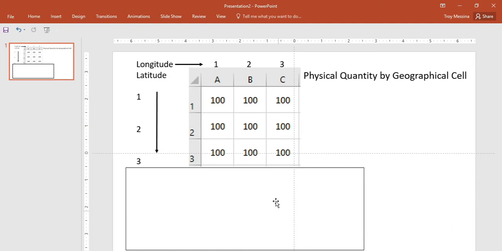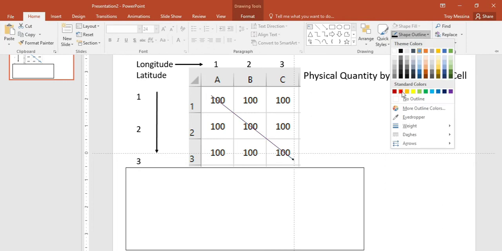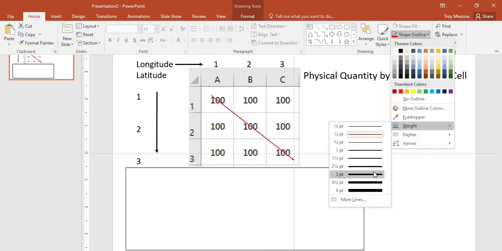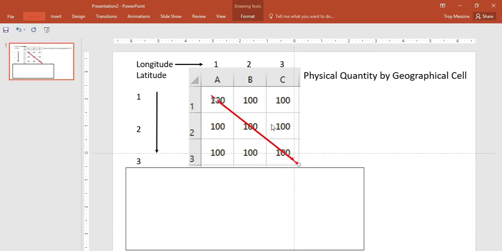So before we get into those, let me just say I'm going to assume that this physical quantity is going to move diagonally. So we're going to have movement of the quantity that does something like this. Let me just make that a little clearer to see. So we have something like this.